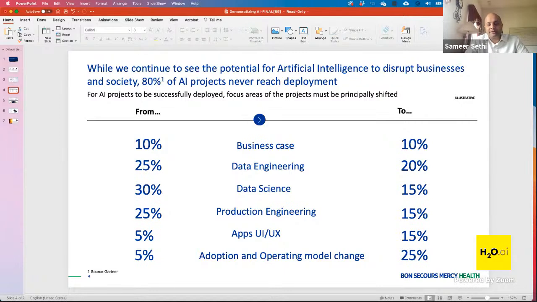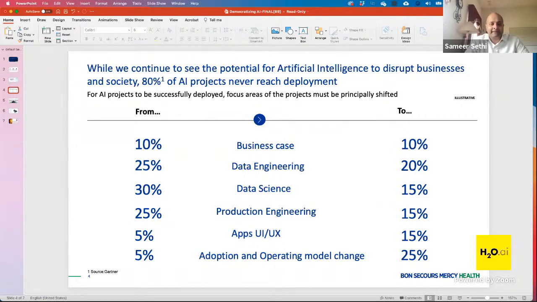When we look at the bag of, for lack of a better term, AI failures, both internal to us and things that have happened in industry, we realize that for AI projects to be successful, there has to be a bit of reshuffling around how much effort and investment goes into what part of these initiatives and projects.